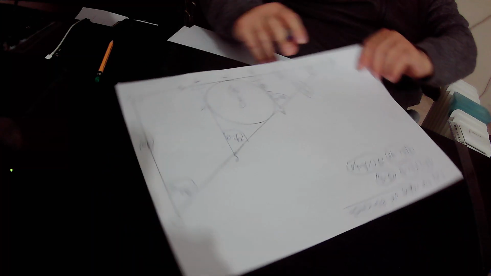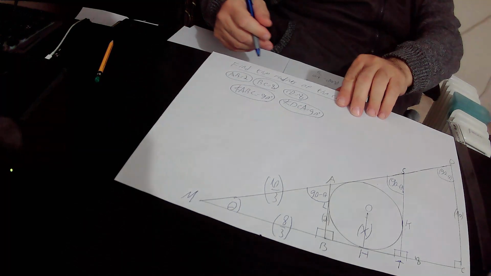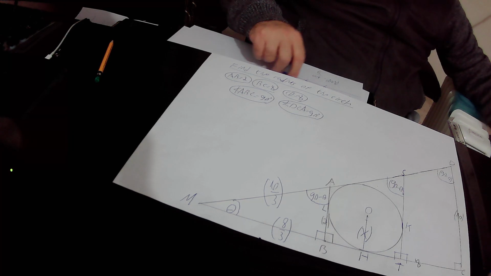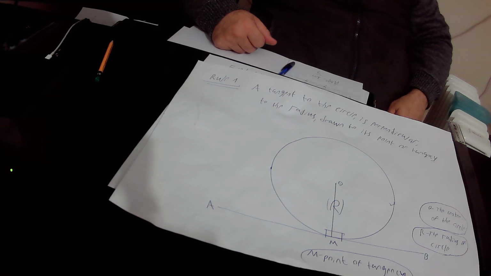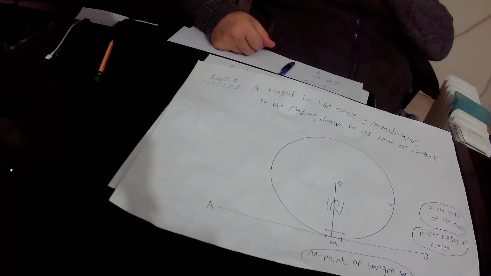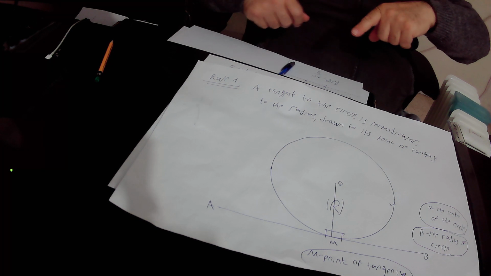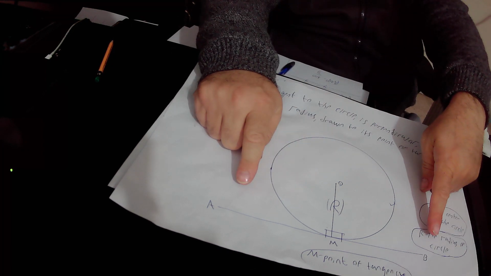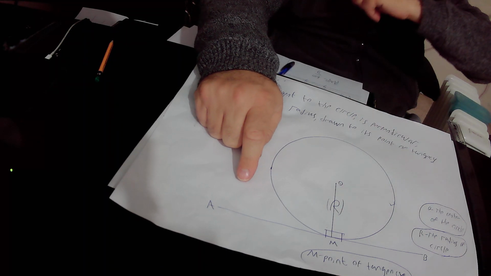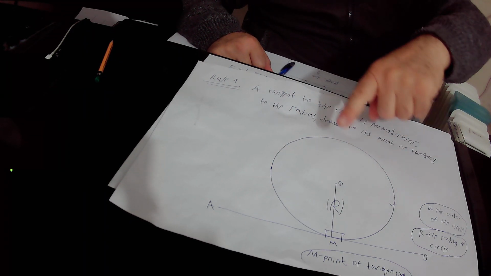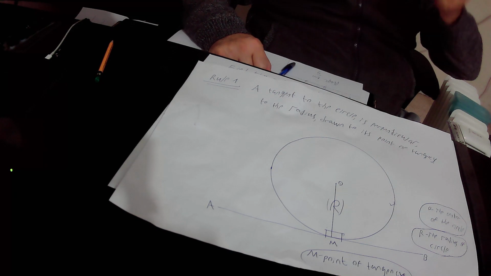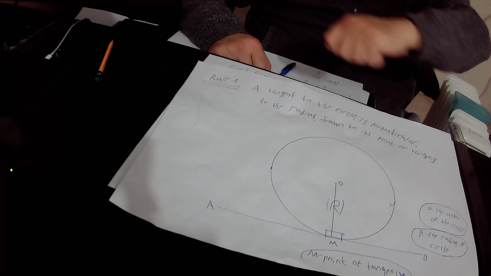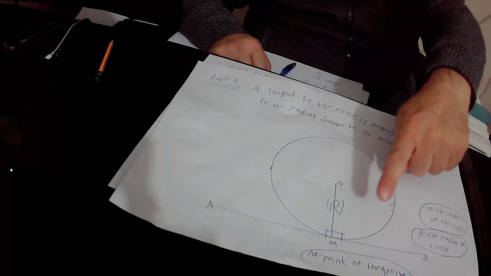And we can implement here rule 1. According to rule 1, a tangent to the circle is perpendicular to the radius drawn to its point of tangency. So at the moment we have a circle and we have this tangent AB that is tangent to this circle at point M. Point M is the point of tangency, and we have the radius OM that is drawn to point M. Whenever you have a radius that is drawn to the point of tangency, then tangent AB will be perpendicular to the radius MO.